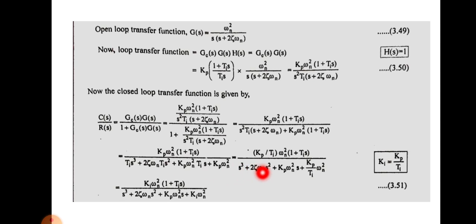Here we can take the Ti from the denominator side outside, so that it will come as Kp by Ti. Here Ti is taken from this term.